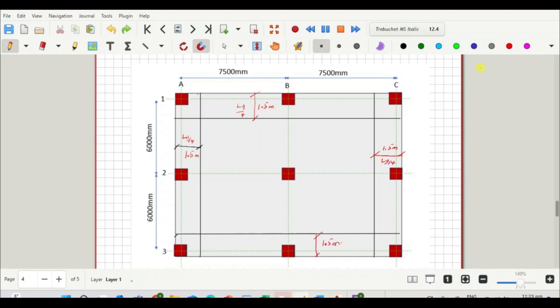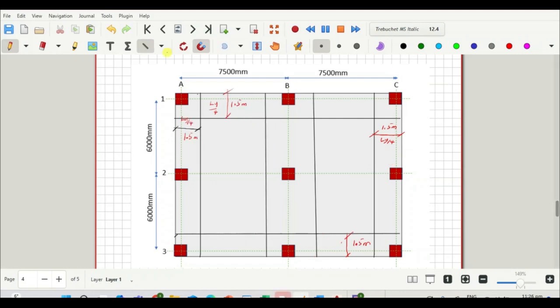Again, let us consider the column strips for the internal columns. So we'll have another column strip here, the column strip for the internal columns in the vertical direction. From the edge of the column strip to the center of the column is LY on 4, and the same on the other side as well, which is 1.5 meters.